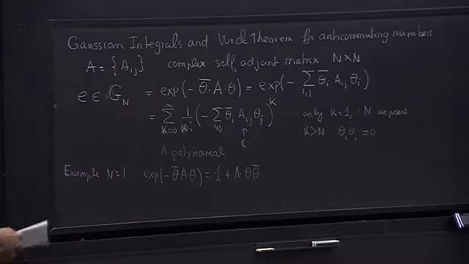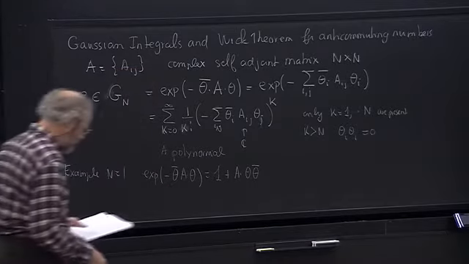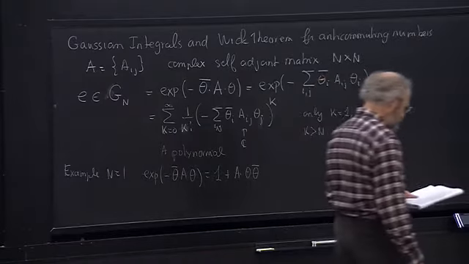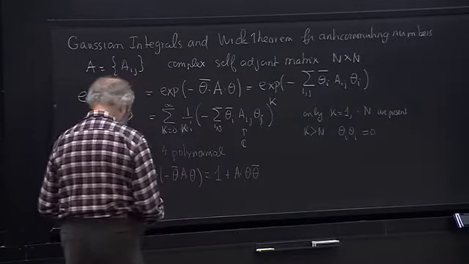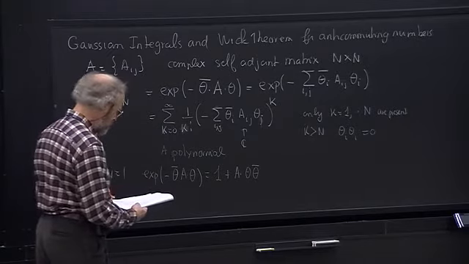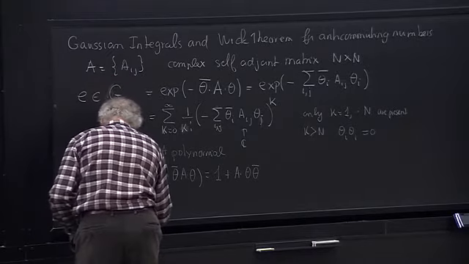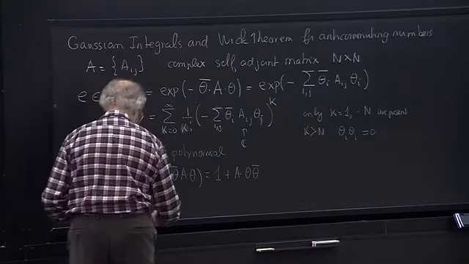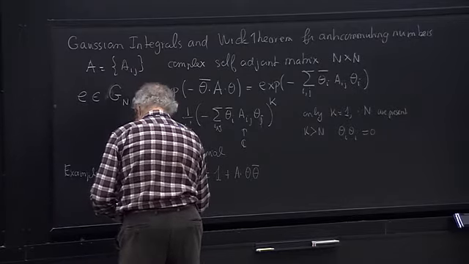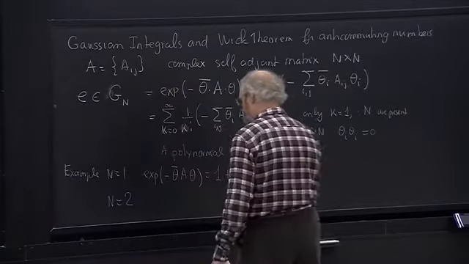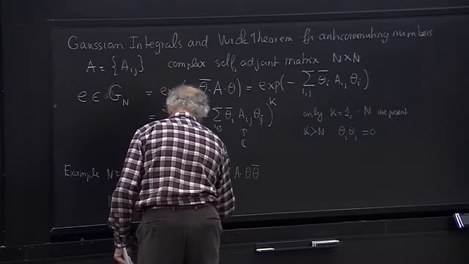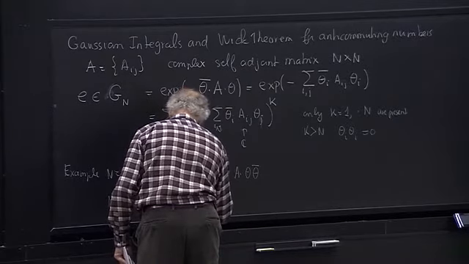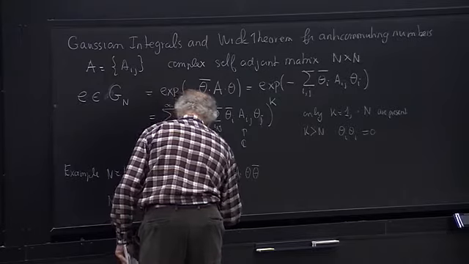So, you can work out the example for n equal 2. So I get a matrix A, which is A11, A12, A21, and A22.